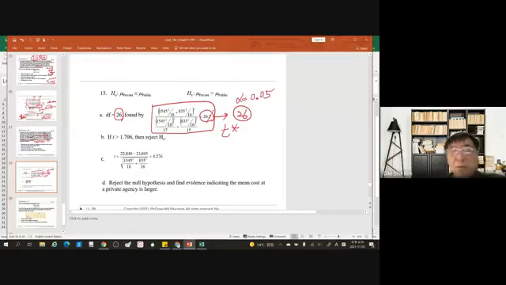So let's look at 0.05. This is a one-tail problem. One tail, 0.05, and 26 degrees of freedom. Let's look at it.